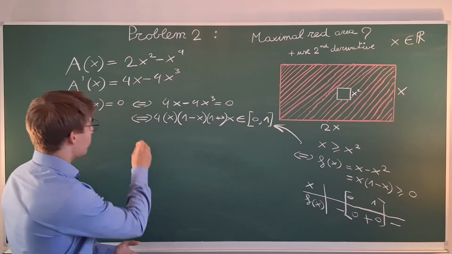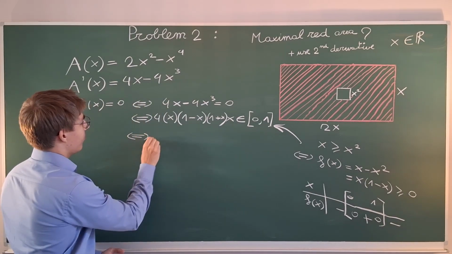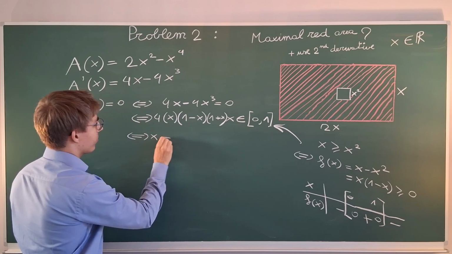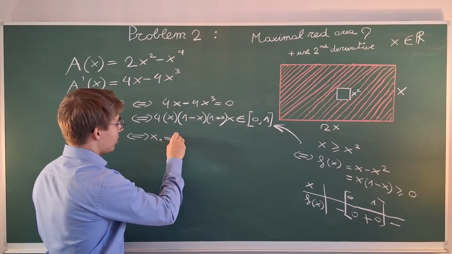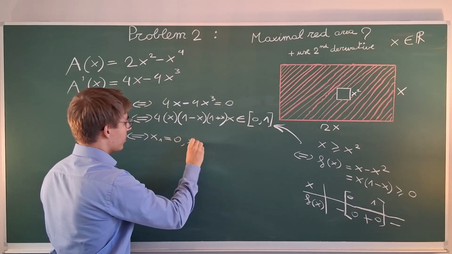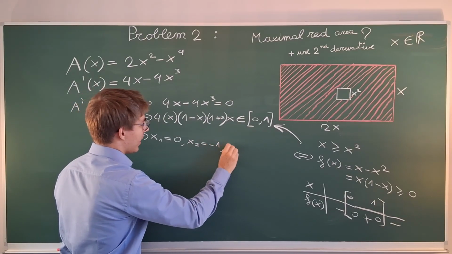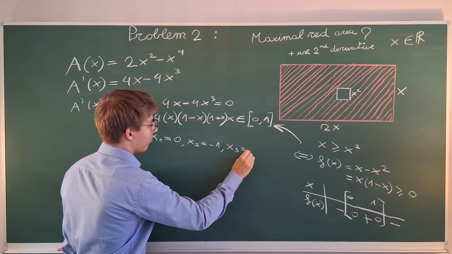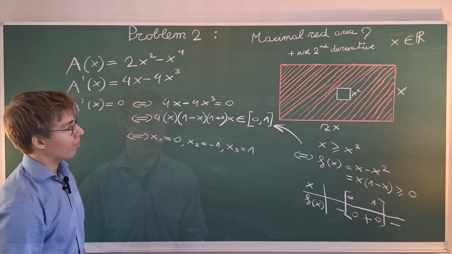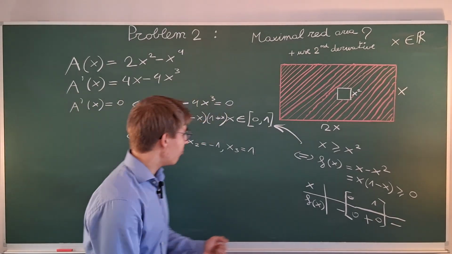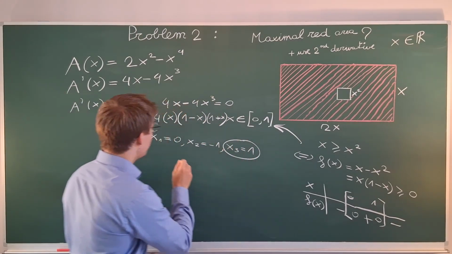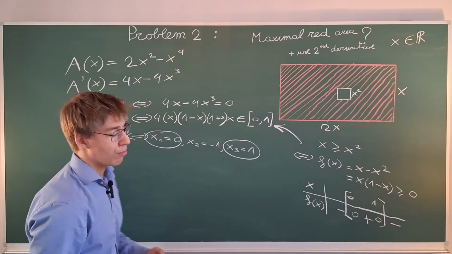So now it follows that the critical points are x1, which is 0, x2, minus 1, and x3, which is equal to 1. So the only values that are relevant to us are the 1 and the 0.